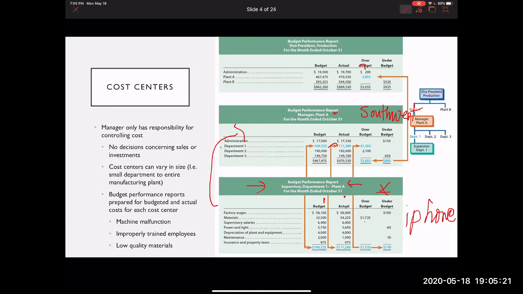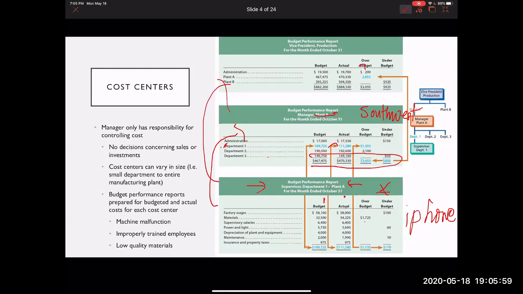So then what we're going to do is look at our actual versus budget for each of the departments in Plant A, because Plant A has department number 1, department number 2, and department number 3. What we've basically seen was a slice of the cake in department number 1. So you're doing a comparison between your budget and actual, and then you see if there's an over budget versus under budget. Then those numbers all roll into this one, the bigger budget.